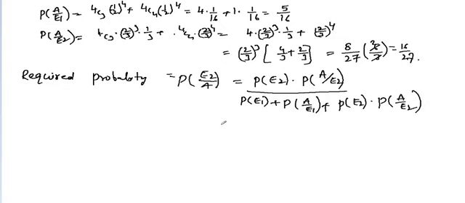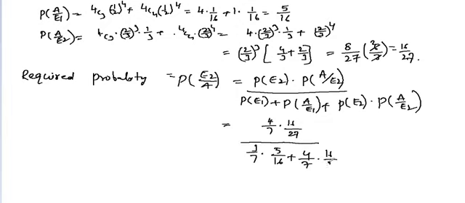That is P of E2 value is 4 by 7 into A by E2, that is 16 by 27, divided by P of E1 value 3 by 7 into A by E1, that is 5 by 16, plus 4 by 7 into 16 by 27.